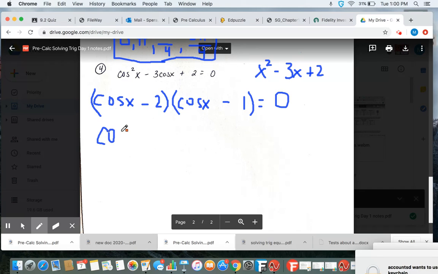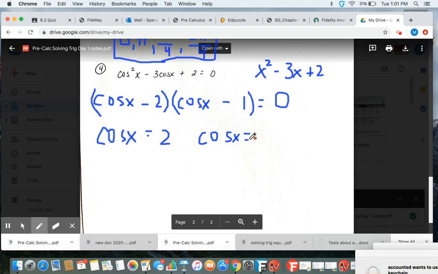So I'm not going to show all of that. I don't think I need to. But cosine x would give us, we would get 2, and we would also get 1. Right? So the first part is just solving for whatever trig value, in this case cosine x.